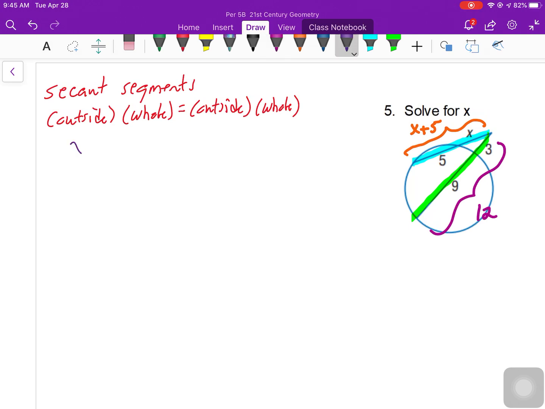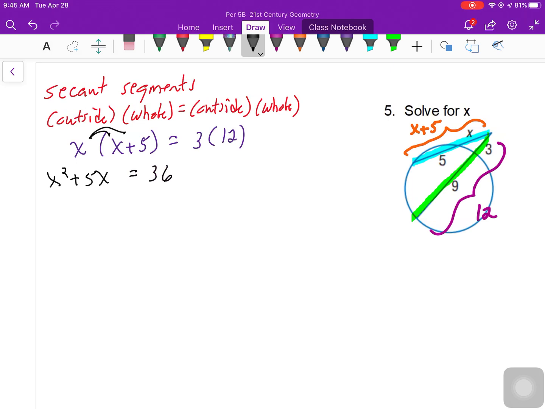So if we do the blue one first, we'll have to take the outside, which is x, times the whole length, x plus 5. Then on the bottom one, which is the green one, we'll take the outside, which is 3, times the whole length, which is 12. The rest of this problem is algebra. We have to distribute: x squared plus 5x equals 36.